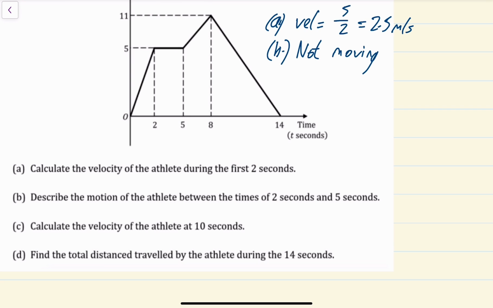Part C says calculate the velocity of the athlete at 10 seconds. So 10 seconds roughly would be here. It's constant velocity, so we can just find this whole gradient, which confuses people a wee bit.